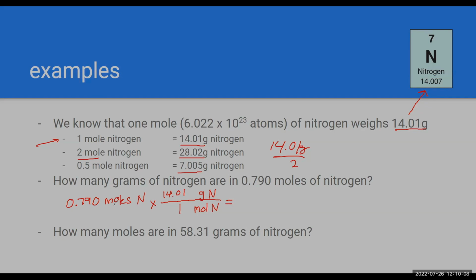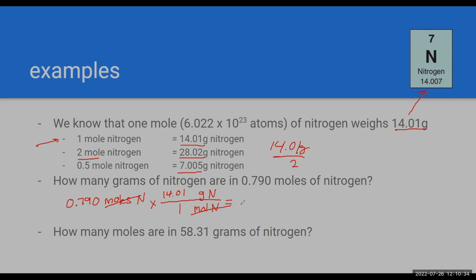And then basically we can just run it into the calculator. So these units will cancel out. And then we are left with grams of nitrogen, which makes sense because that's the unit that we'll be looking for in our answer. So if I run this into the calculator, I'm going to get 0.790 times 14.01.